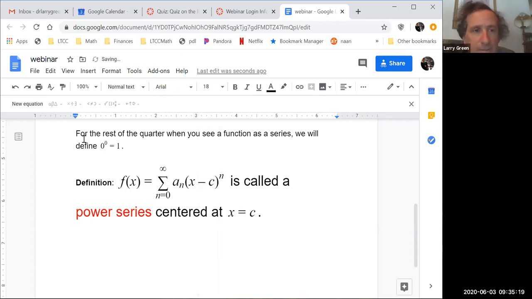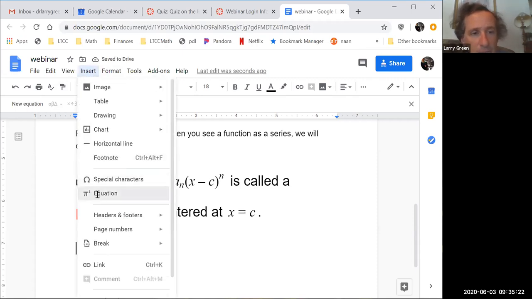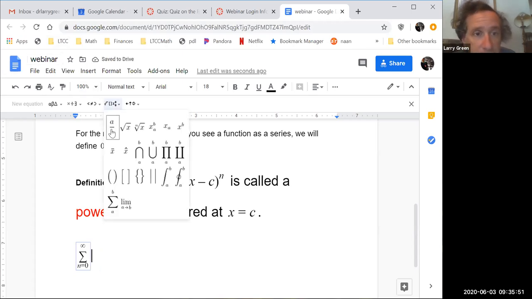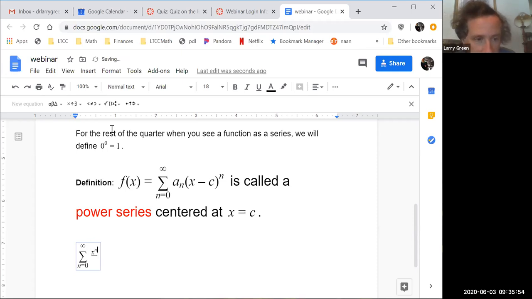So let's suppose we have the summation from n equals 0 to infinity of x to the n over n factorial.